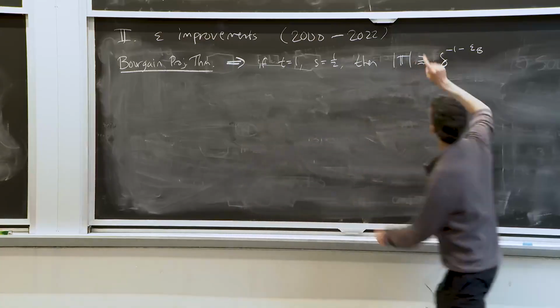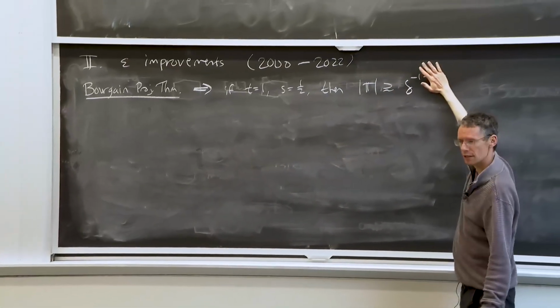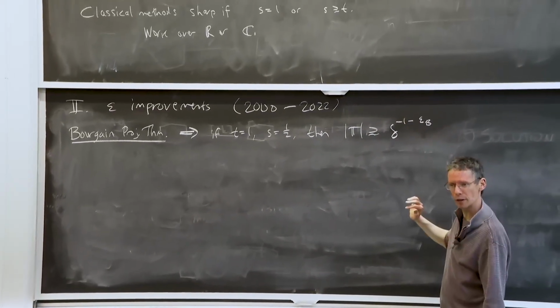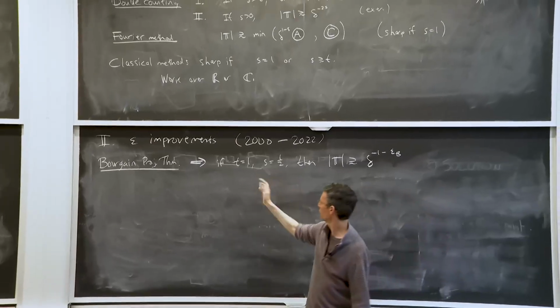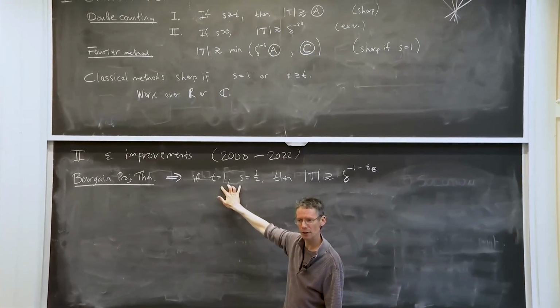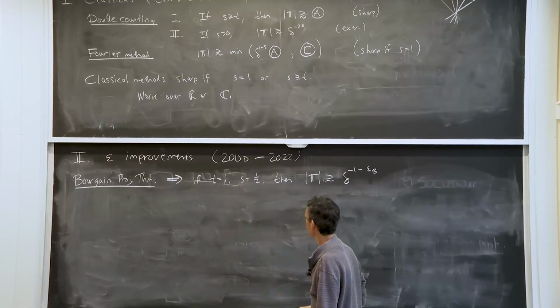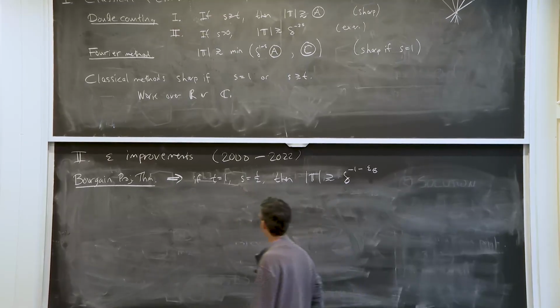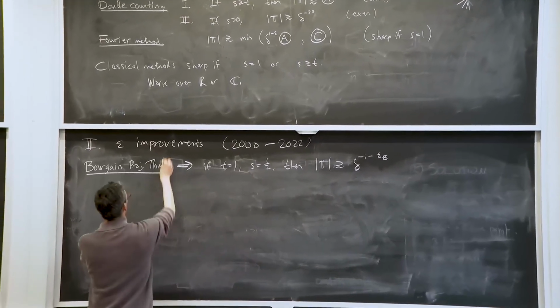So if you just plug in the classical bounds up there, it would give this. And there's an improvement, although only for one particular choice of the parameters. So that was in 2000.